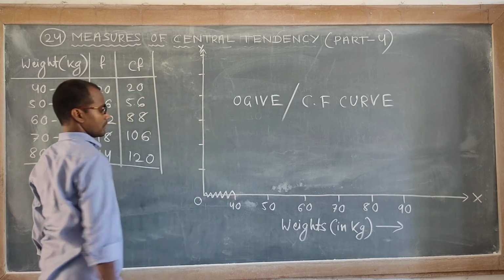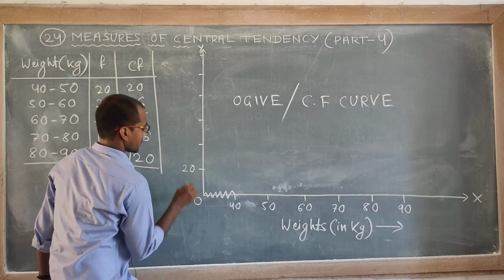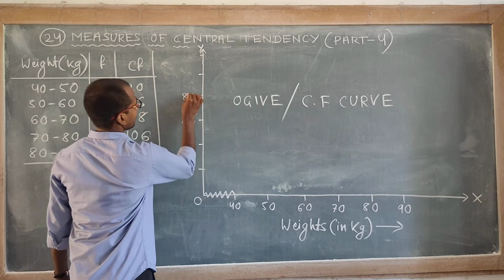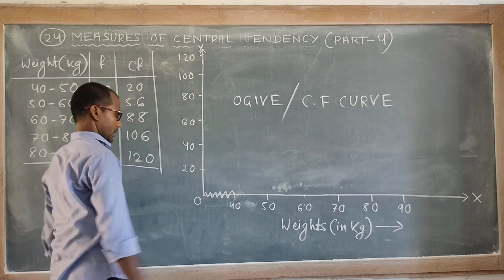This is 6. Okay. So I can take 20, 40, 60, 80, 100 and 120.